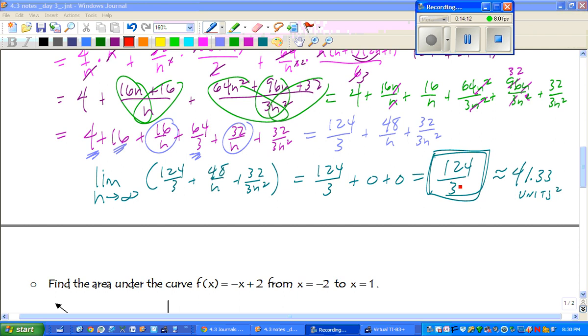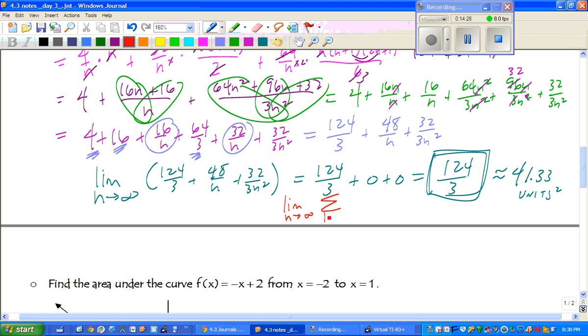All right, so let's take a look back at what we did here to find the exact area. For the exact area, we ended up taking the limit as n approaches infinity of the sum from k equals 1 to n of delta x times f of x sub k.